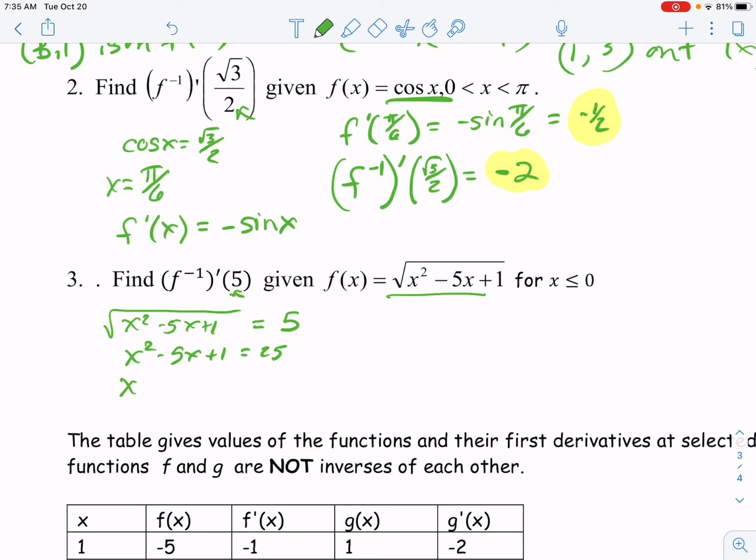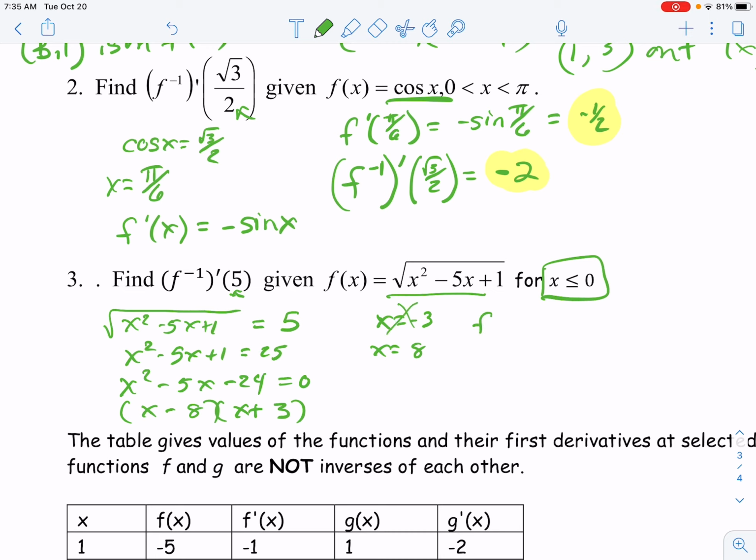Then you have x squared minus 5x minus 24. It factors x minus 8, x plus 3. So x equals negative 3 and x equals 8. There's my domain, so I throw this one out.